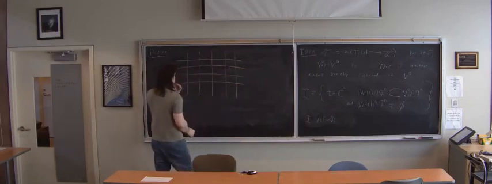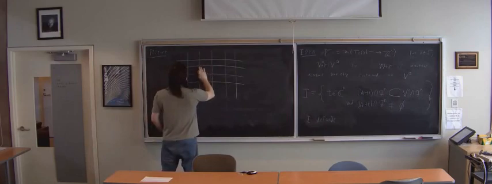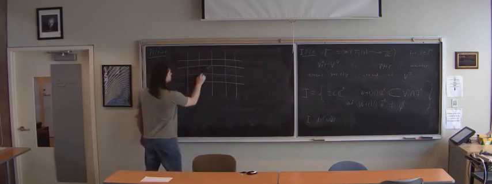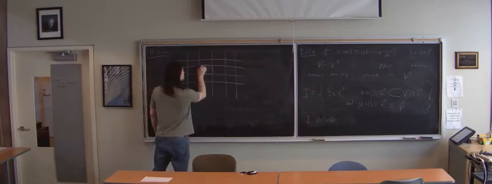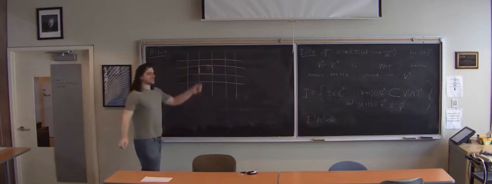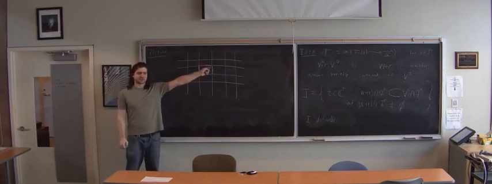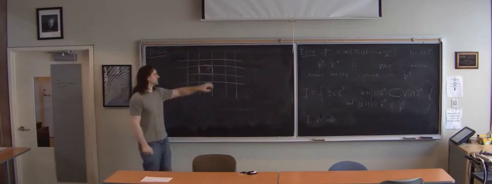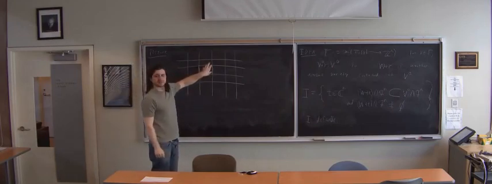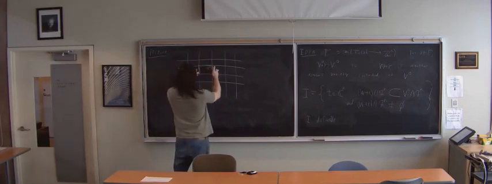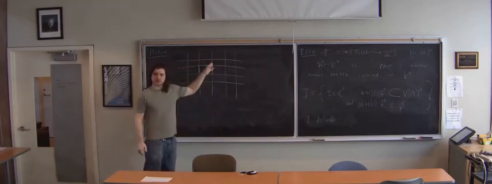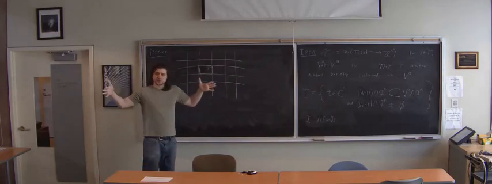A good way to think about it is to imagine that one of these squares is Z up to the n. So in this case n equals 2, and I'm only drawing the real part, but whatever. One of these squares is like a fundamental domain, and bordering it you have a bunch of other fundamental domains, translated by the integers, that cover all of C to the n.